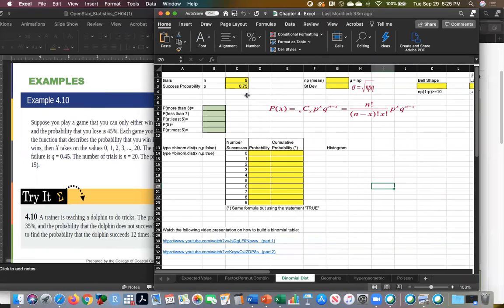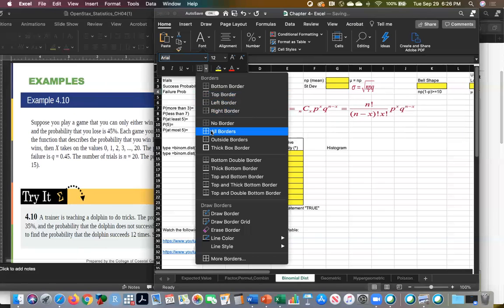Based on these two numbers, I also have the failure probability, which is Q. And Q, remember, is 1 minus my probability of success. Let me be consistent and put some yellow.